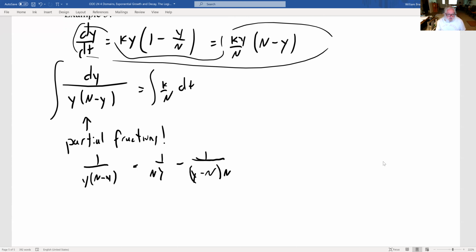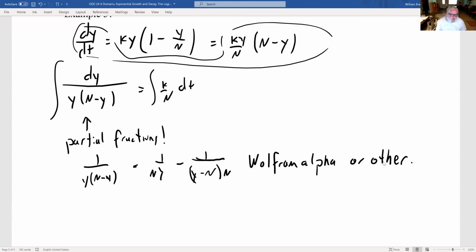This is sort of why I wanted to point this out. I go to Wolfram Alpha to do all my partial fraction decompositions. It's important to know that this is a partial fraction decomposition because it tells you what kind of terms to look for in the solution.